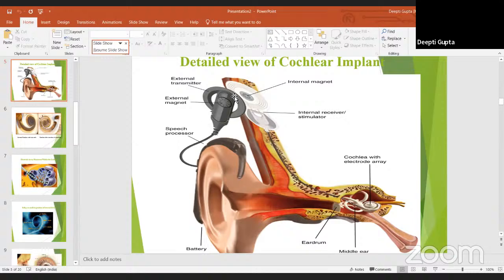And as I've told you, what will the external transmitter do? Through the radio frequency signal, or RF signal, we are able to send the sound signal, or digital signal, from the outer part of the cochlear implant to the inner part. And what is this radio frequency signal? Radio frequency signals are such that they will not affect other things.